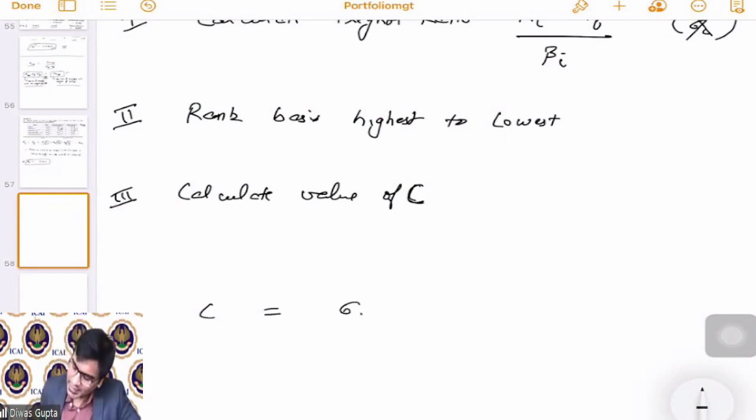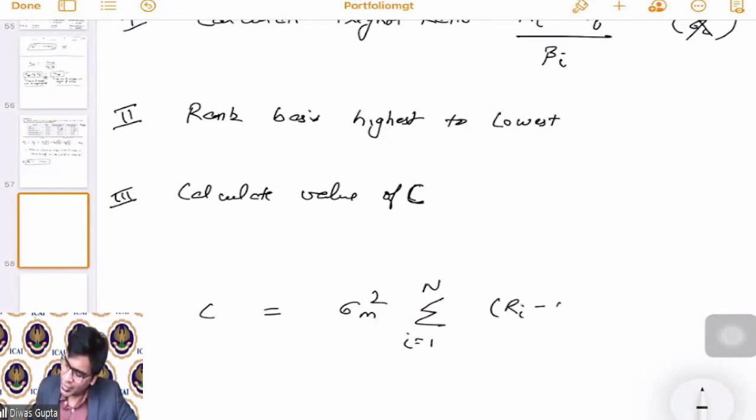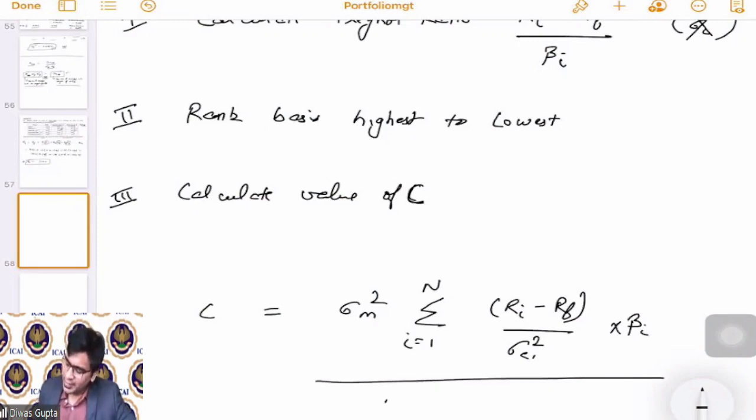So it says that you take the market variance, and in that market variance take a summation of all the values basis the Treynor ratio, Ri minus Rf, divided by residual variance, multiplied by beta of i, and this whole should be divided by 1 plus.